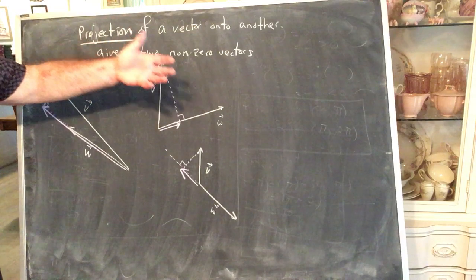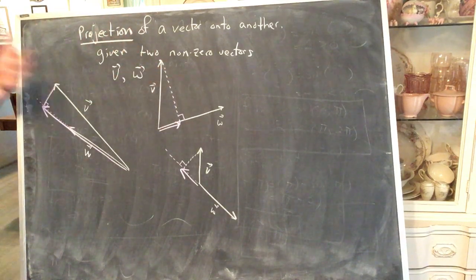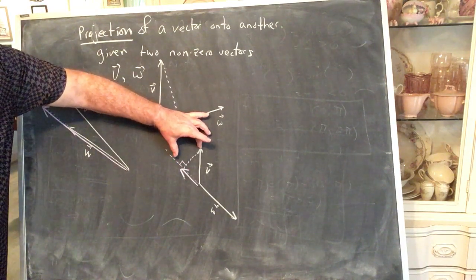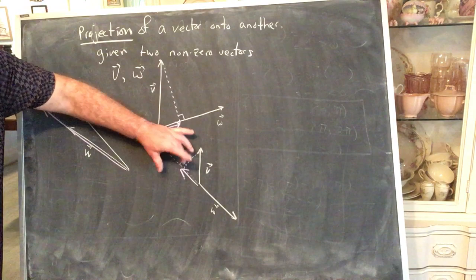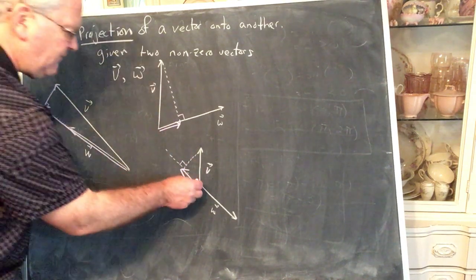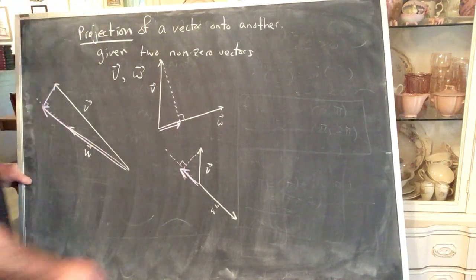You may also project w onto v. You may project any non-zero vector onto any other. But that projection, the drop a perpendicular from the endpoint to the vector onto which you're projecting, and then that distance, or that vector you create, is the projection.